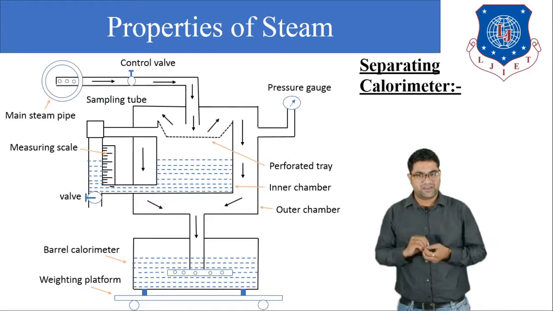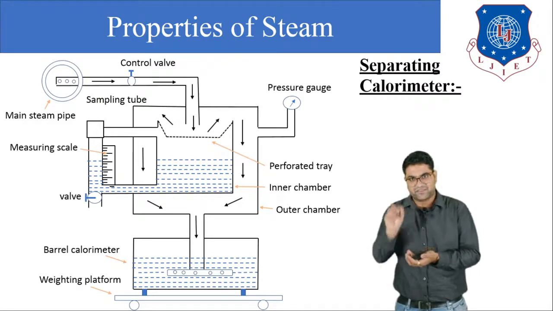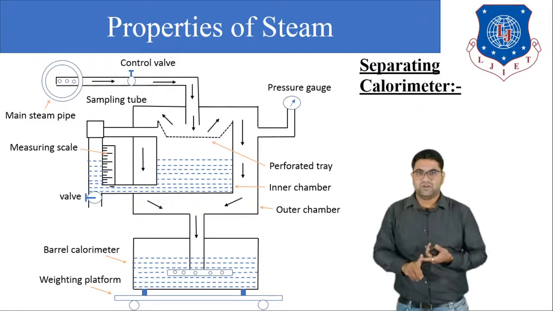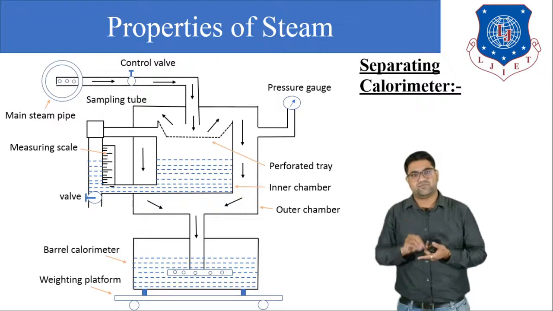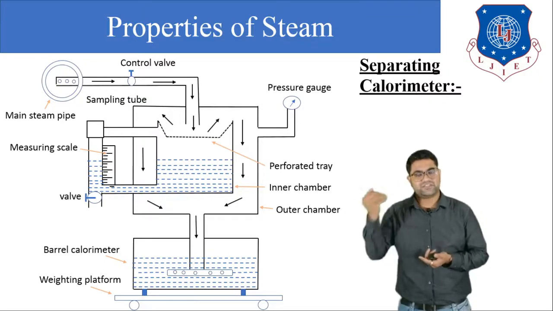Again I am repeating it. When the wet steam hits the perforated tray, in the wet steam there are water particles and steam particles, but the weight of the water particle is more than the weight of the steam particle. So we can say that the inertia of the water particle is more than the inertia of the steam particle.